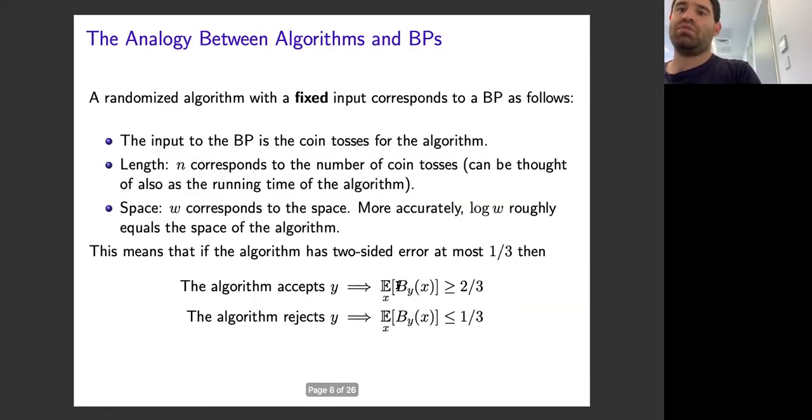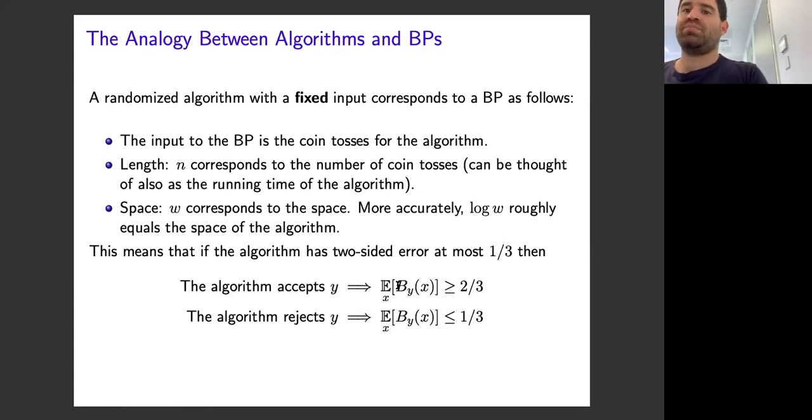Good. So what do BPs have to do with randomized log space computation? This is the correspondence. A randomized algorithm with a fixed input corresponds to a BP as follows. The input to the BP is actually the random coin tosses for the algorithm. And so, the length corresponds to the number of coin tosses, and usually this can be thought of as the running time of the algorithm.